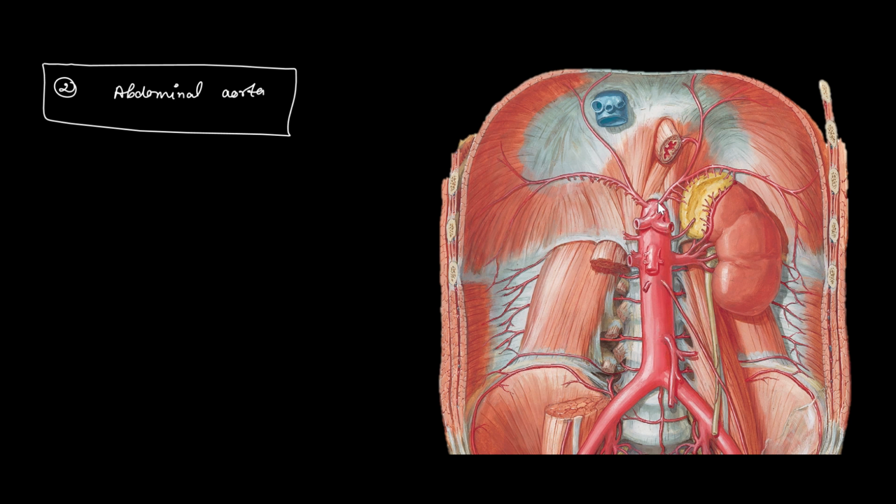So you can see over here that the thoracic aorta passes through the cruras of the diaphragm and is converted into the abdominal aorta.